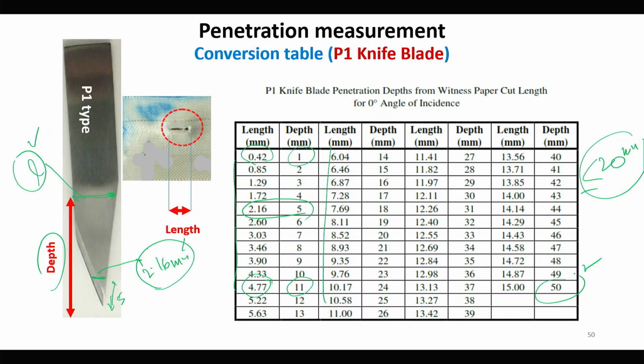So, if the length is more than 8.52 millimeter, then the length of cut fails, or less than 7 millimeter depth, as per the NIJ standard.